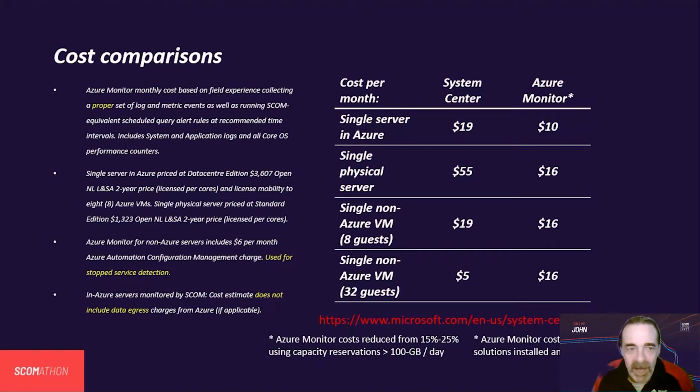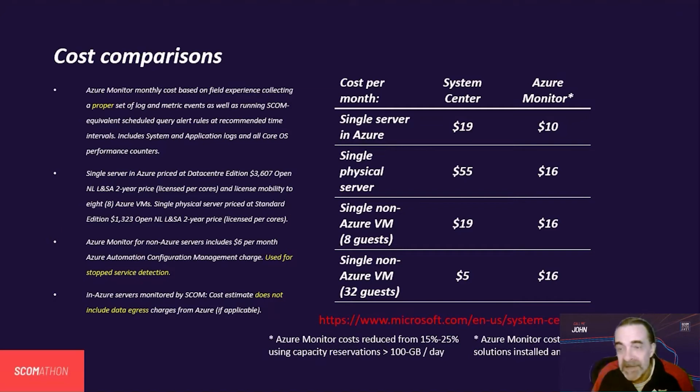In the center column of this slide, where it says System Center, these costs are driven by Microsoft licensing. System Center is primarily licensed for your on-premise private cloud environment and is focused on the physical server and the number of cores in that server.